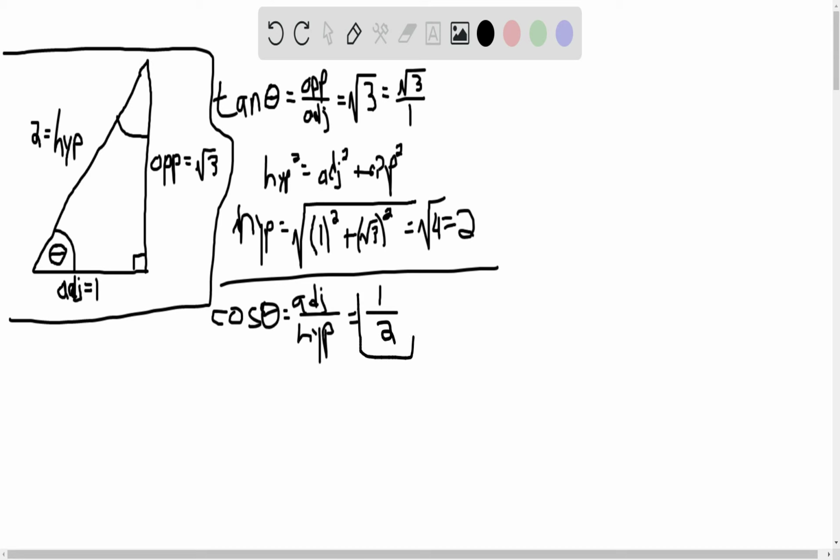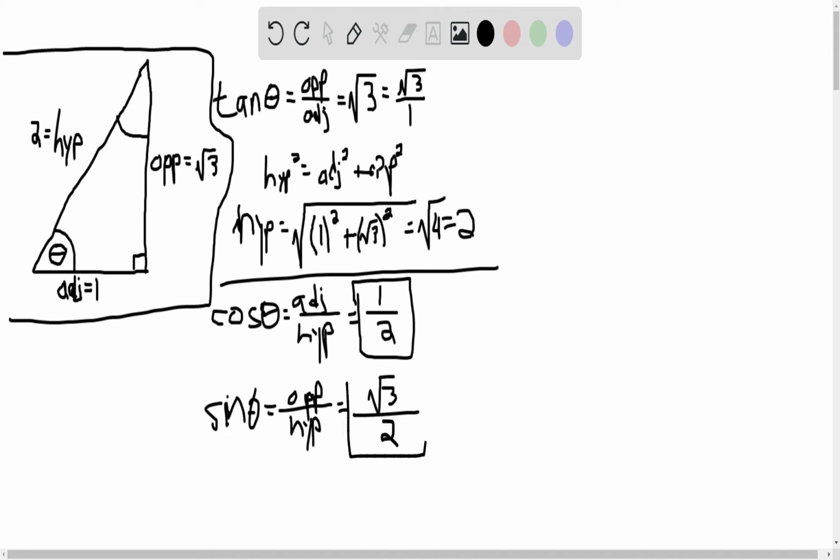The adjacent side is 1, the hypotenuse is 2, and that's our ratio for cosine theta. Similarly, sine theta is defined as the opposite side of the angle theta divided by the hypotenuse. And from our diagram, we see that the opposite side is the square root of 3, the hypotenuse is 2, and that is our answer for sine theta.